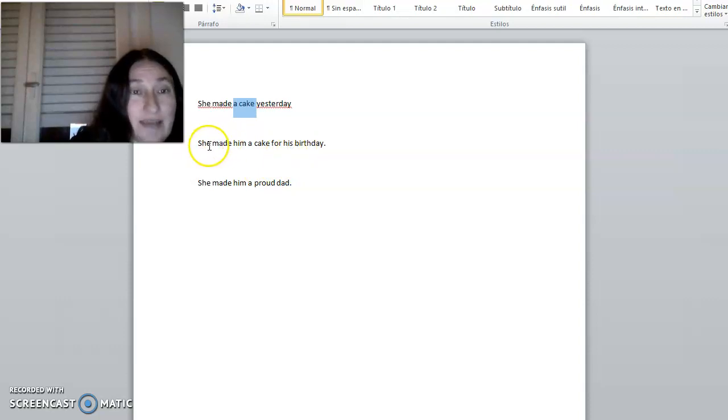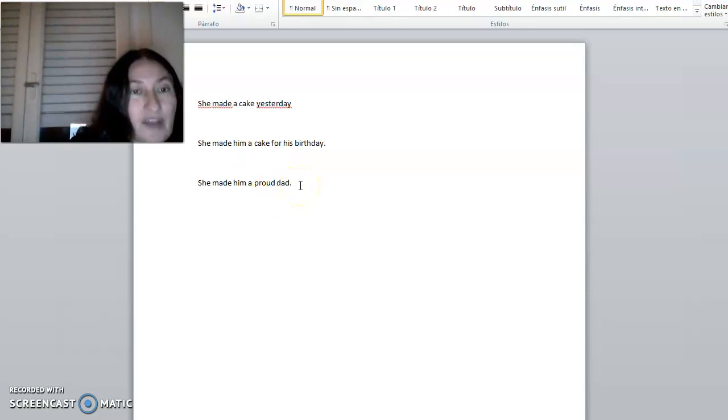In the second example, she made him a cake for his birthday, we have a ditransitive pattern. An indirect object, then a direct object. And afterwards an adverbial, an optional adverbial. And look at the last example. It may look a little bit like the previous one, but it is not.